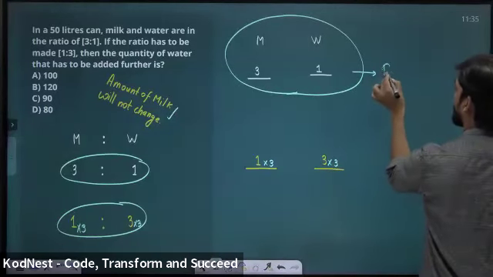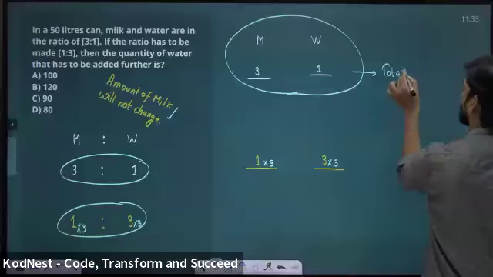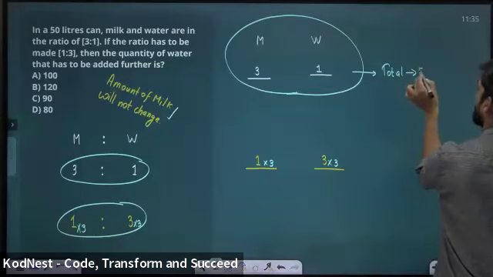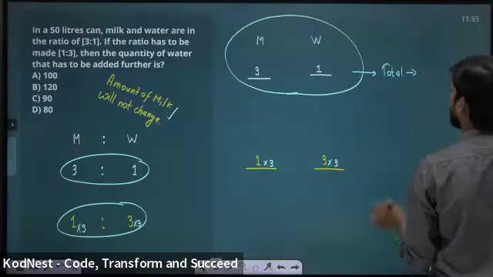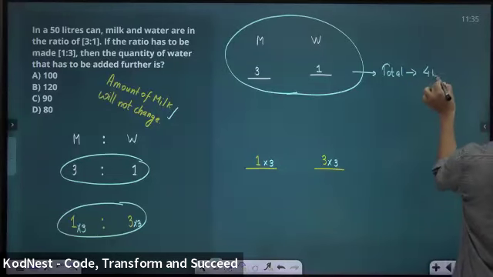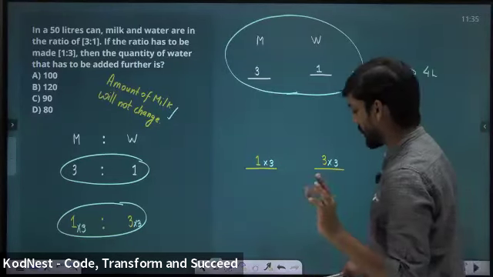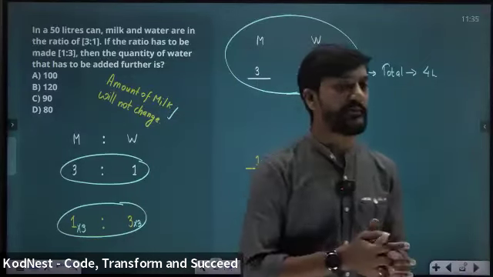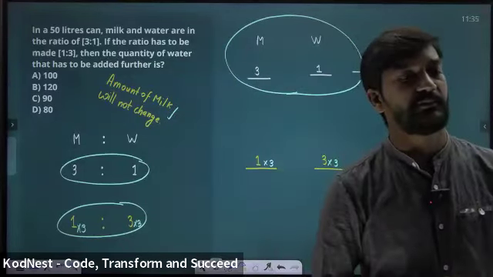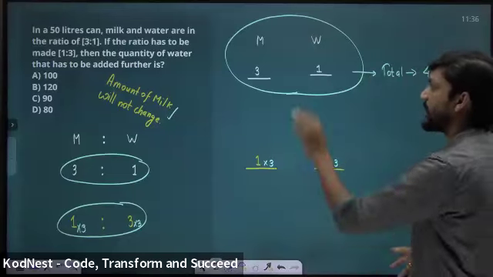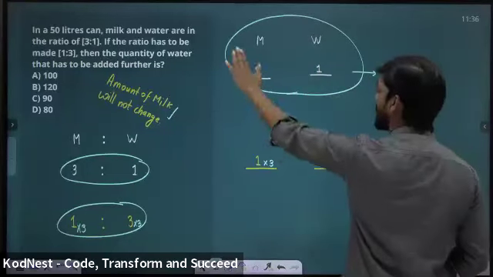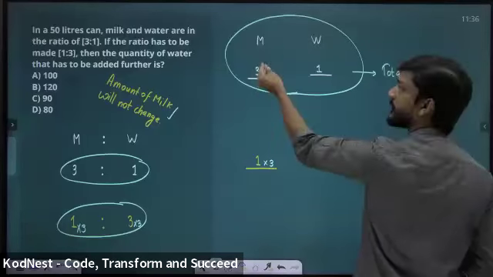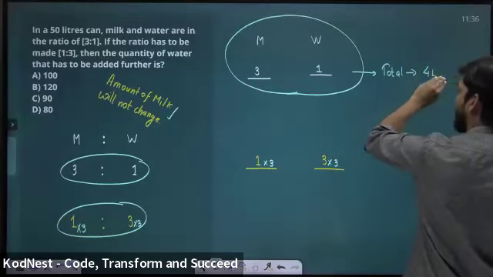What is the total of this? Is it 50 liters? The total is 4 liters. What do I want? I want 50. As per the question, milk and water are in the ratio 3:1, but the total is 50 liters. I am getting 4.